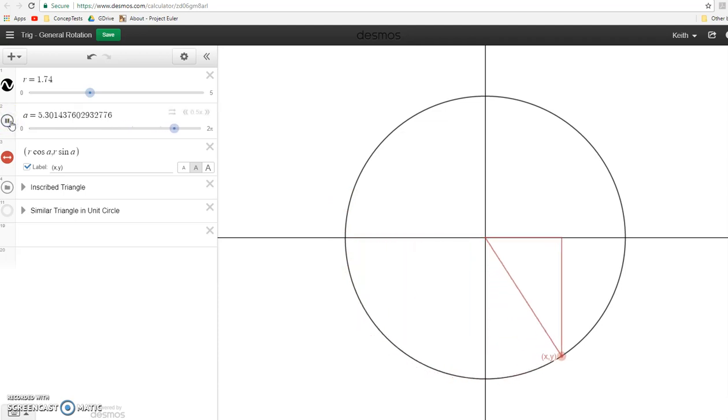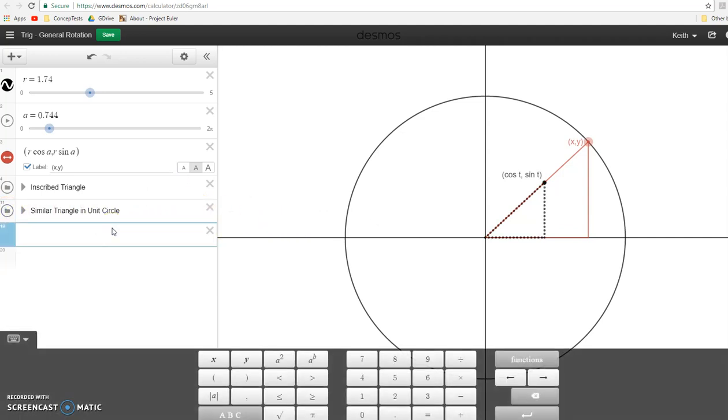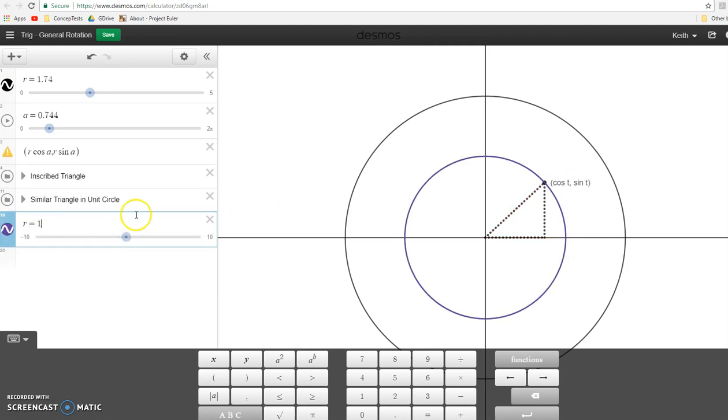And that would produce a right triangle. Right, we see here that this is a right angle, and we are able to relate this terminal point to the dimensions of this right triangle. We were able to do so because we had a similar right triangle being formed on the unit circle, right? R equal 1 produces that unit circle.